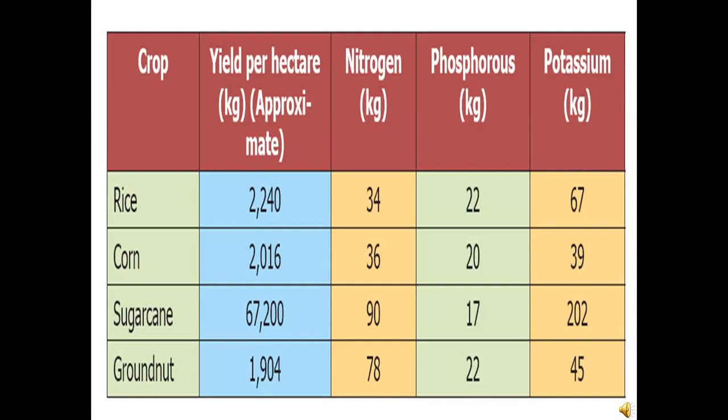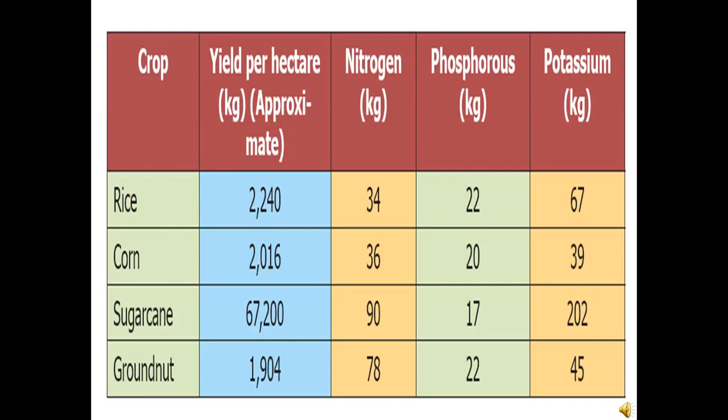The crops given are rice, corn, sugarcane and groundnut. First, rice, yield per hectare 2240. Next, corn, 2016. Next, sugarcane, 67,200, and groundnut 1904 per hectare.